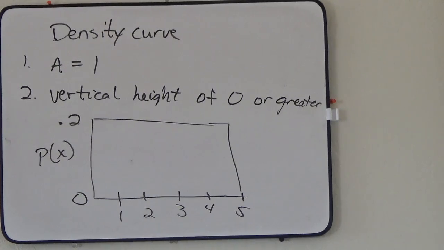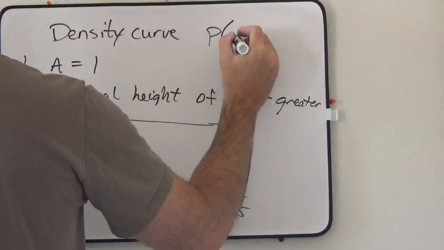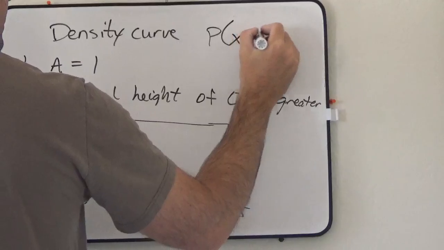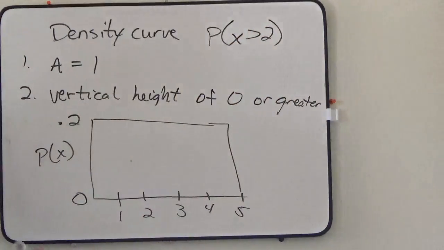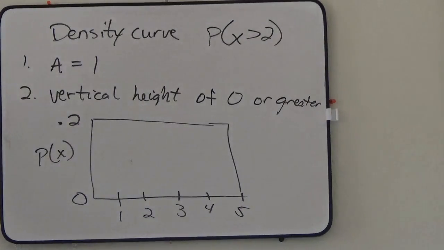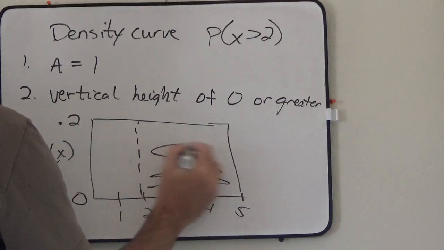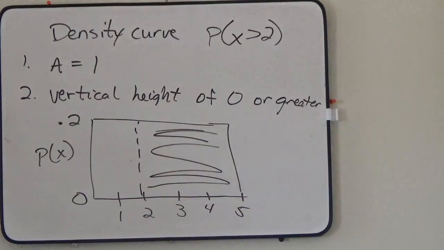Now, let's say we want to find the probability. I'm going to write this down so we can discuss what it means. That means the probability of our wait time being greater than 2 minutes. So what we're looking for here is the area of everything greater than 2 minutes, right here. Well, how much is the length here?